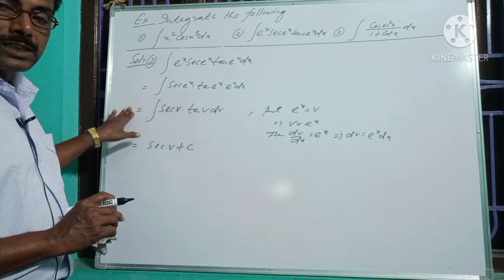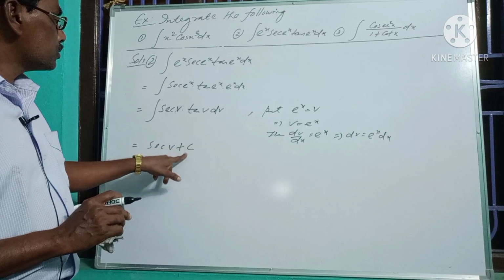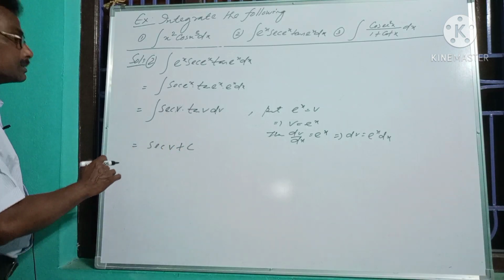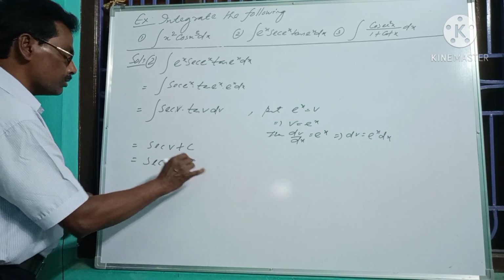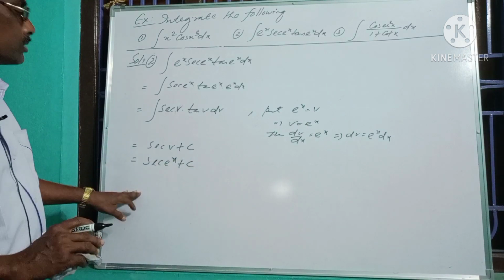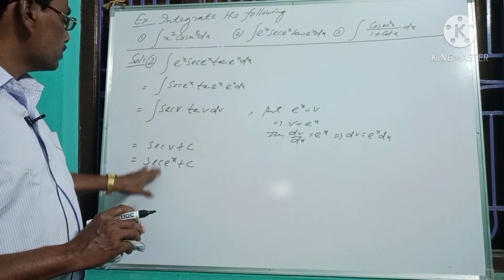So now after integration we can replace v, that is e to the power x. So we have sec of e to the power x plus c, where c is the constant of integration. So now we are able to integrate the second problem, that is sec of e to the power x plus c.